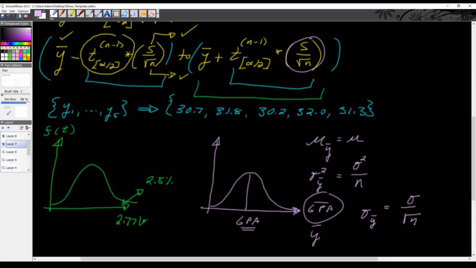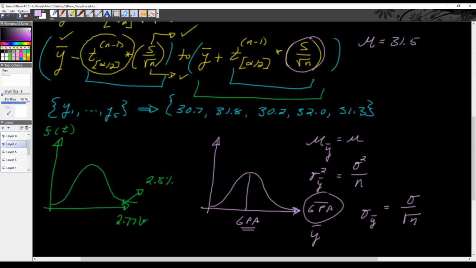So you can tackle example 4 when you get a chance, but it states that if the true values of mu, sigma squared, and sigma are 31.5, 0.64, and 0.8. So let's say mu is equal to 31.5.